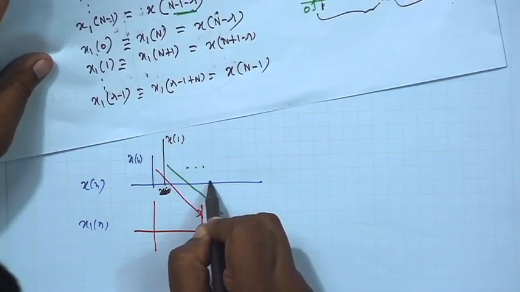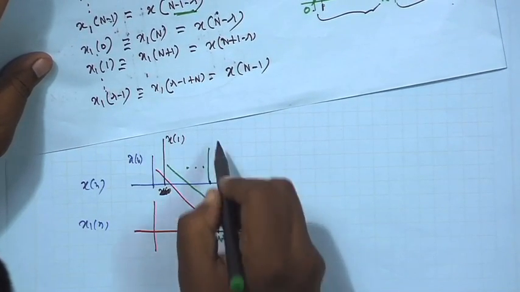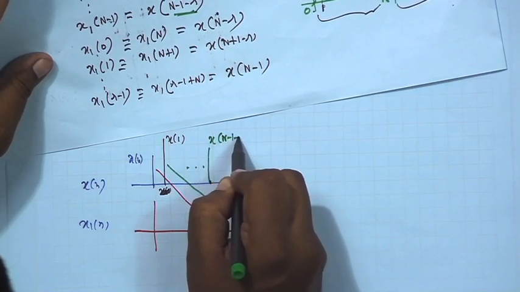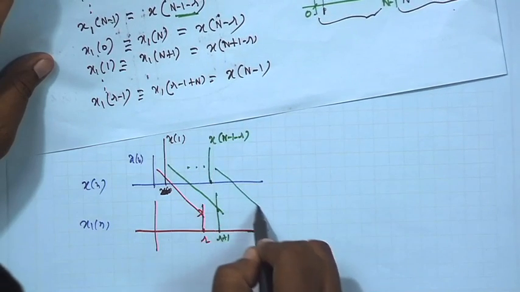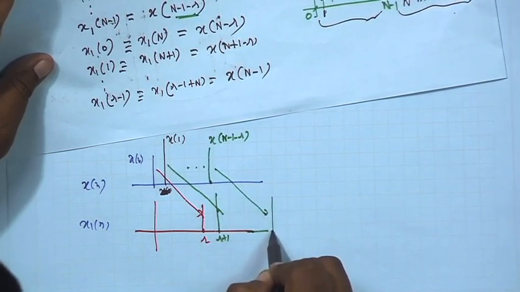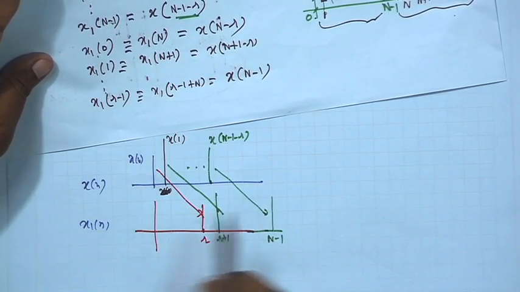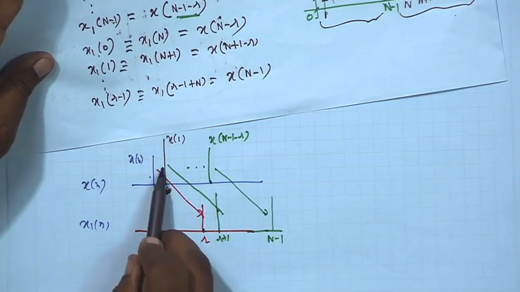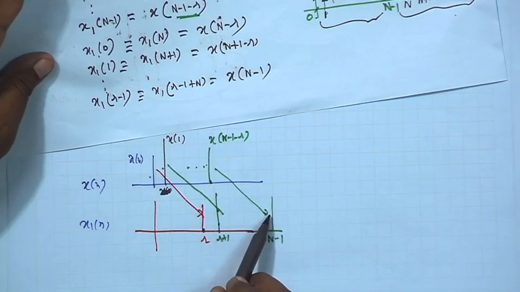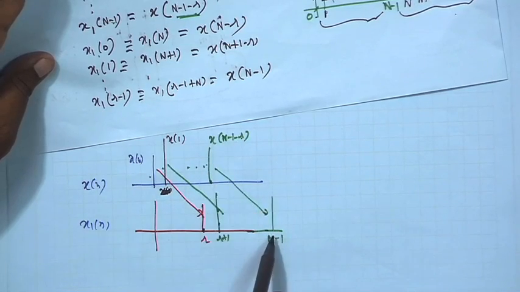So, somewhere here is x n minus 1 minus r, that will go to n minus 1. So, you see this is getting shifted by r, this is getting shifted by r, this is getting shifted by r, because n minus 1 minus r plus r is n minus 1.